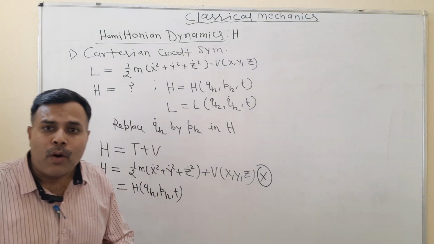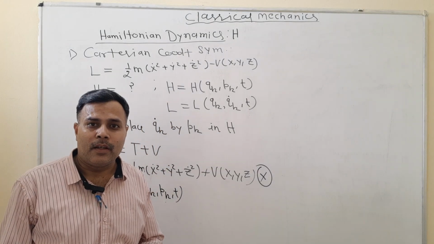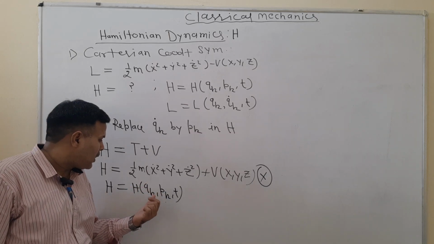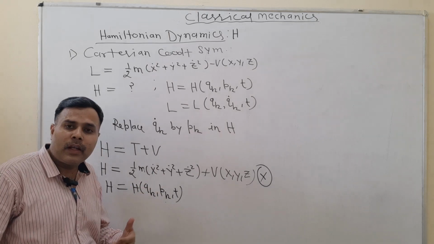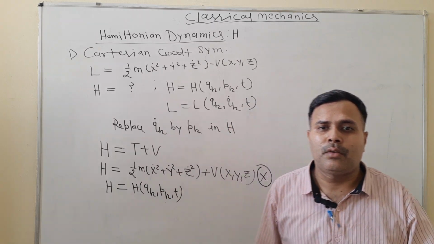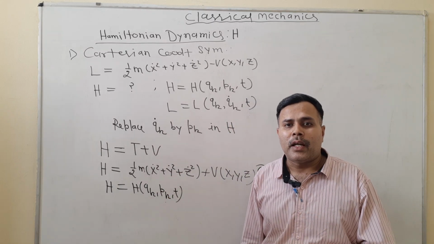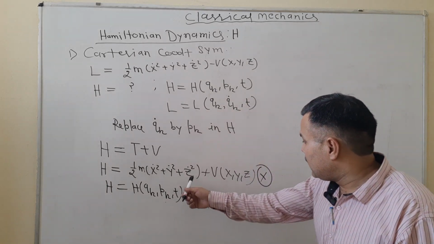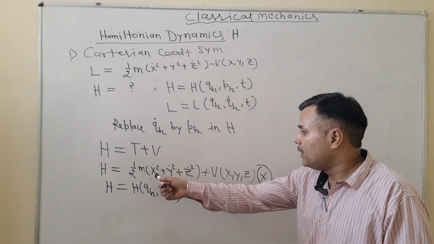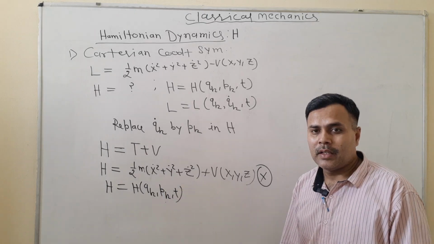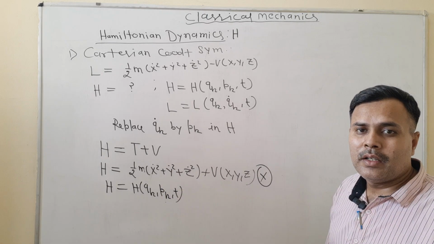So how to obtain the correct expression of H? Anyhow, we have to express our Hamiltonian in terms of generalized coordinates and generalized momenta instead of generalized velocity. But here it is a function of generalized velocity, so this is not the correct expression of H. So how to obtain the correct expression of H?